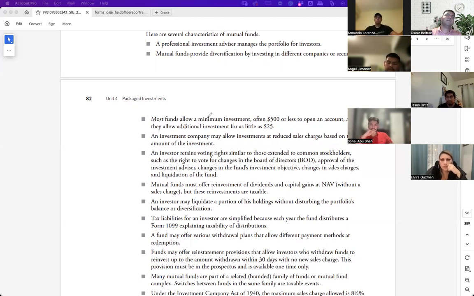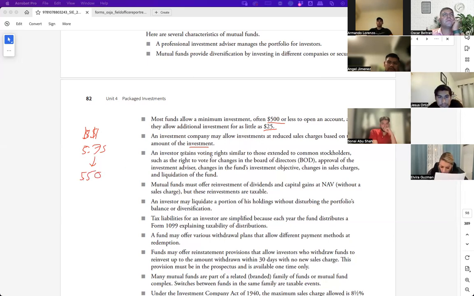Most funds allow a minimum investment of $500 with as little as $25 a month. An investment company may allow investments at reduced sales charge based on the amount of the investment. So that pretty much means the more money that you invest, you're going to get charged a lower sales charge, from, let's say, 5.75 to 5.5, etc.